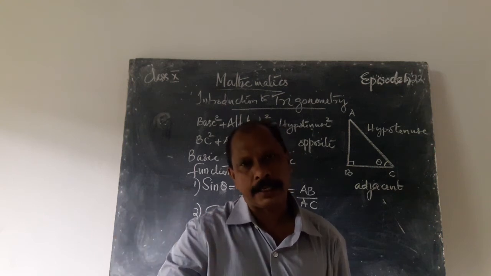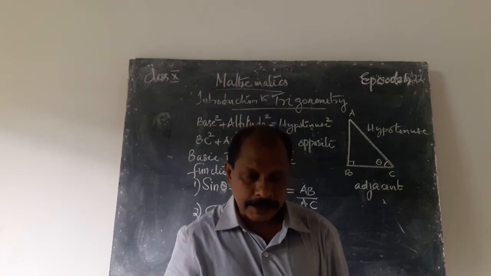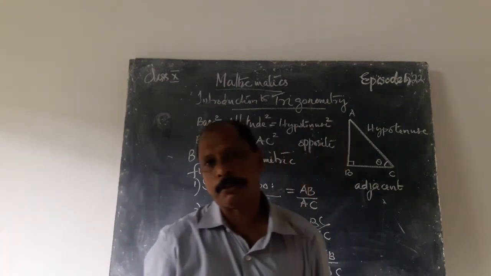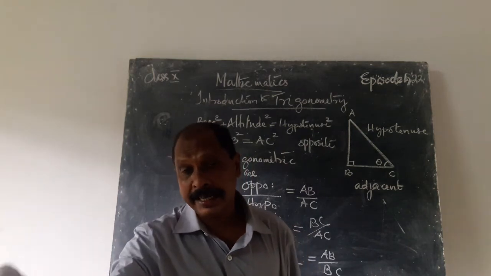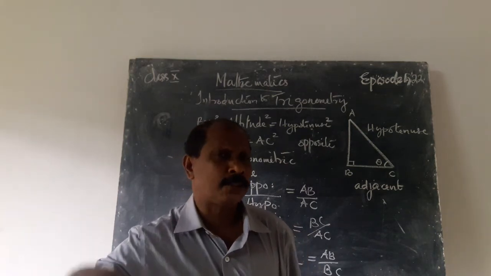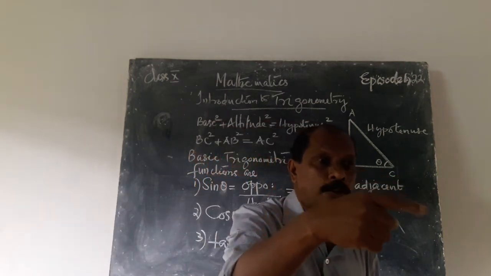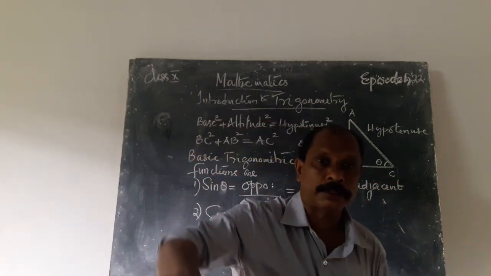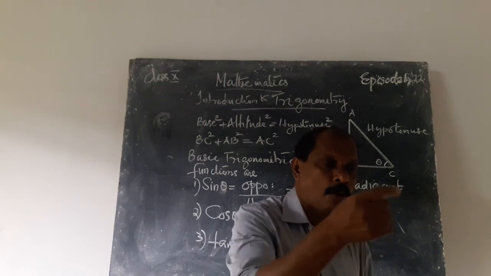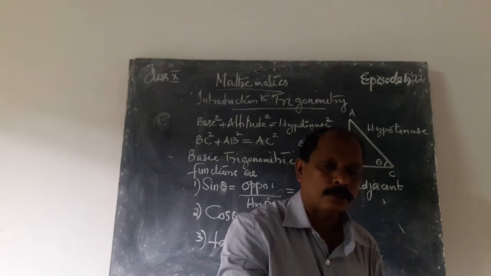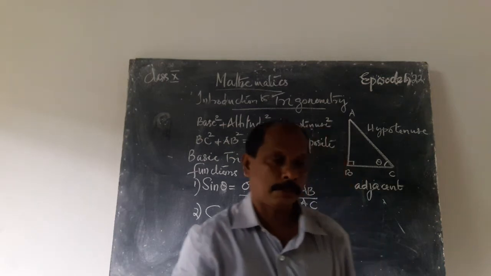Cos theta is the ratio between the adjacent side and the hypotenuse, and tan theta is the ratio between the opposite side and the adjacent side. That means for tan, the numerator is the opposite side and the denominator is the adjacent side. For sine, the numerator is the opposite side and the denominator is the hypotenuse. For cos, the numerator is the adjacent side and the denominator is the hypotenuse.